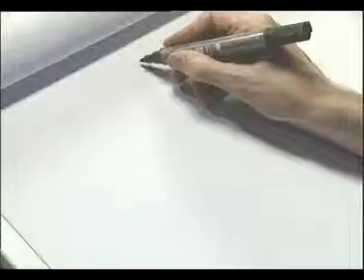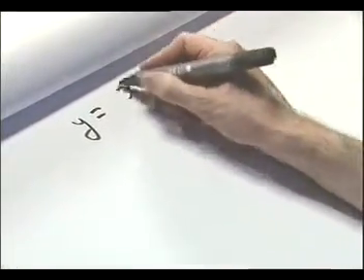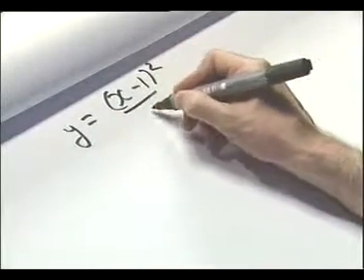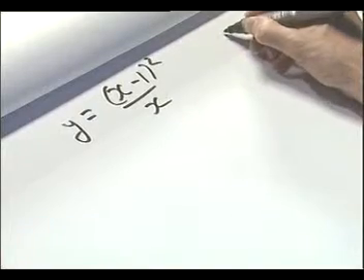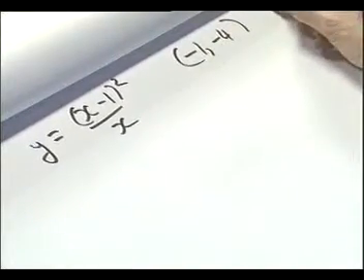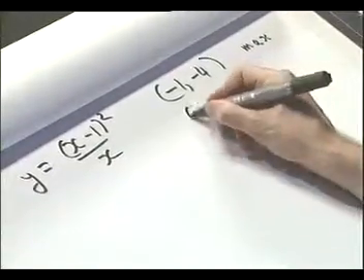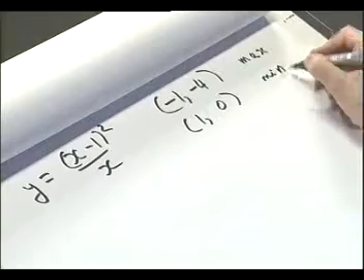Finally, let's just see how this helps us to sketch the curve. We recall the equation of the curve, y equals (x minus 1) all squared over x, and we had a maximum point at (-1, -4), and we had a minimum point at (1, 0).